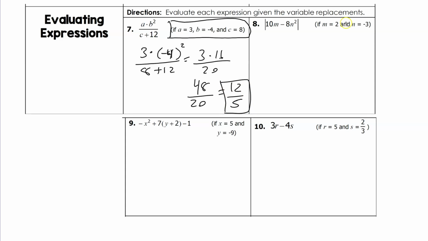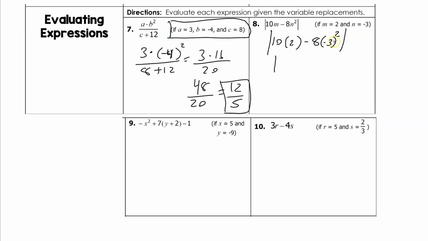Same deal over here. Wherever we see an m, we put 2. Now this is saying 10 times m. So 10 times 2 minus 8 times negative 3 squared, and that's the absolute value. So when we're done dealing with everything in the absolute value, if it's negative, it'll just be the positive answer, and if it's positive, you can just remove the bars. All right, so this gives us 10 times 2.